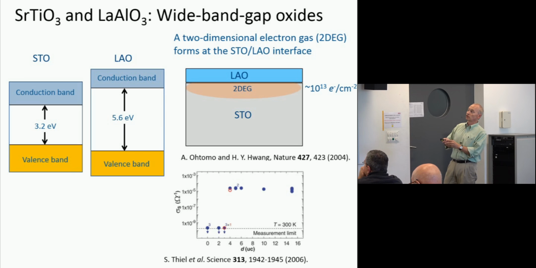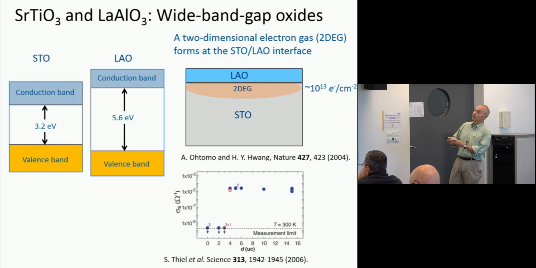That's why I mentioned strontium titanate and lanthanum aluminate. Both of these materials have large band gaps. Particularly lanthanum aluminate is essentially an insulator, 5.6 eV band gap. Strontium titanate has a band gap of 3.2 eV, and so in principle is not naturally conducting.